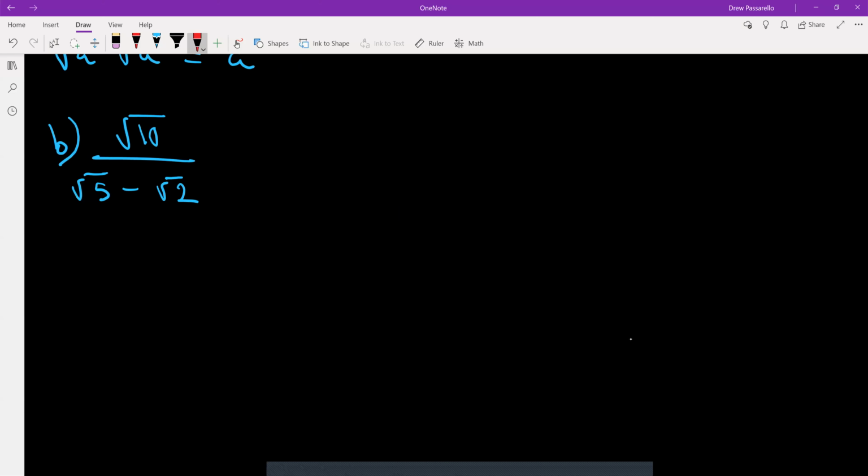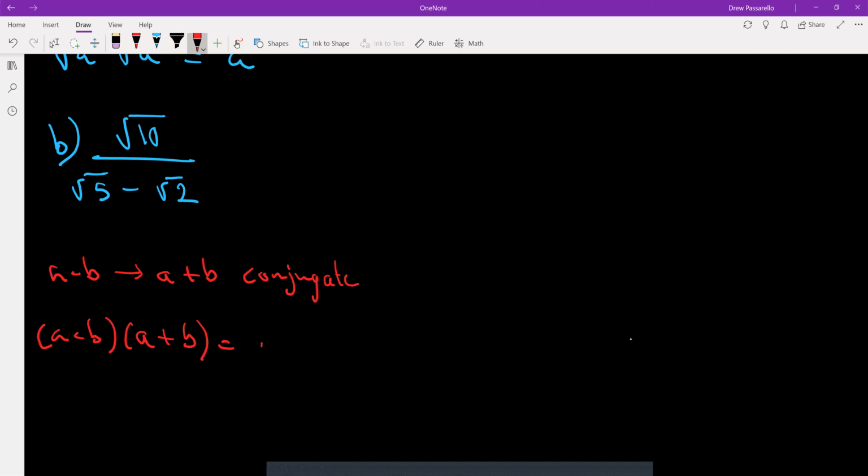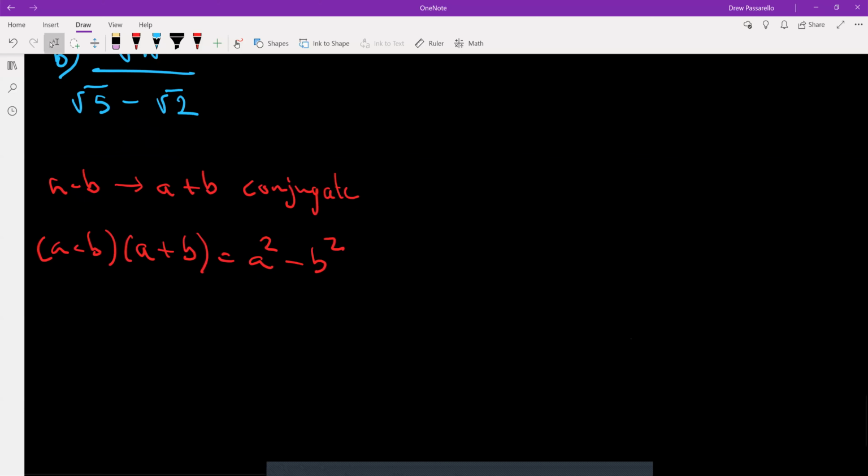If I have a minus b, its conjugate is a plus b. The reason I want this is because when you do a minus b times a plus b, the quantity multiplied by its conjugate, that's a squared minus b squared. So it's that difference of squares formula, but going in the reverse order.